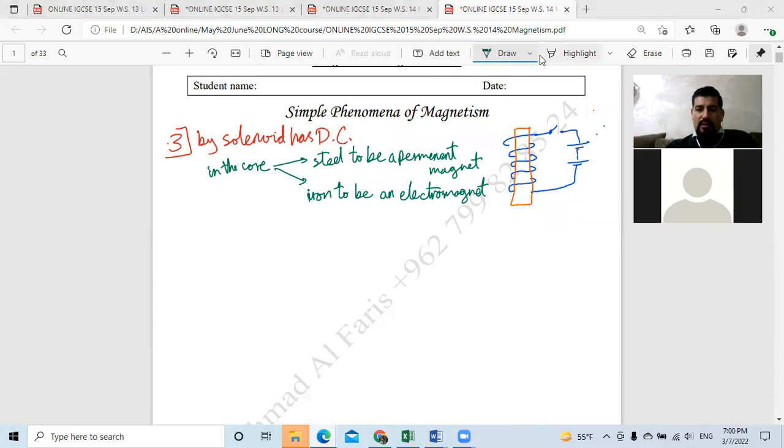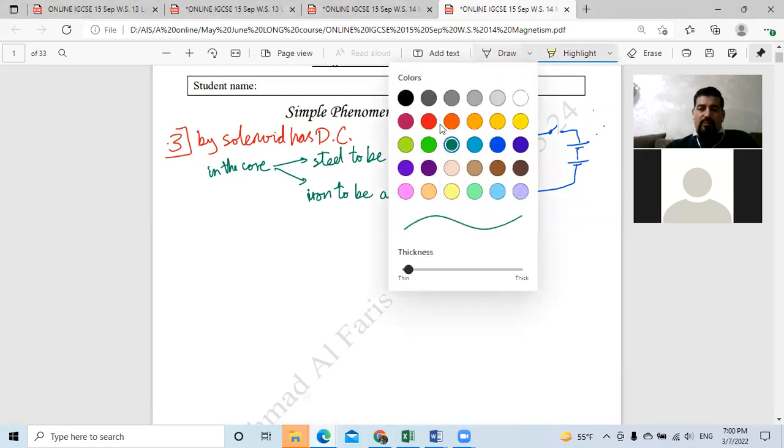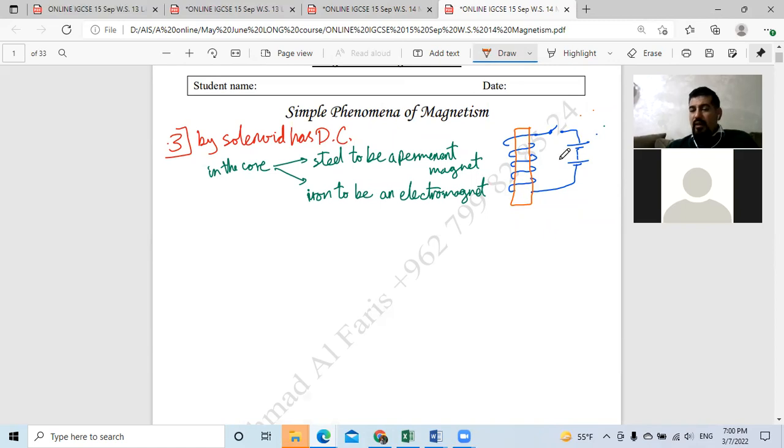And as we are going to study, whenever the number of turns here is more, whenever the current here is greater, this magnet will be stronger. To have a stronger magnetic field, we need more turns, and also we need more current.